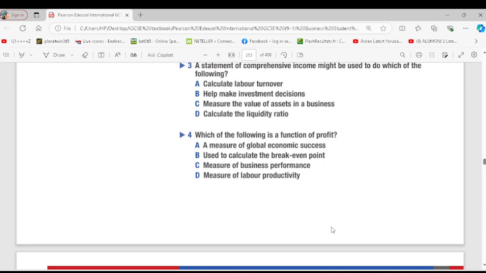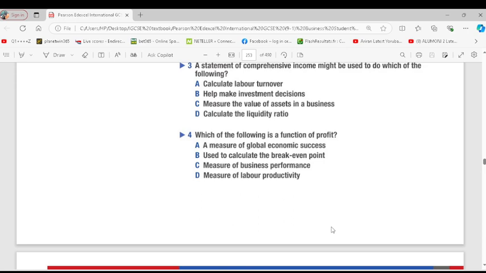D, measure the labor productivity. What is profit used to measure? What's the function of profit here? C, measure of business performance. Yes, that's it. It's so obvious.